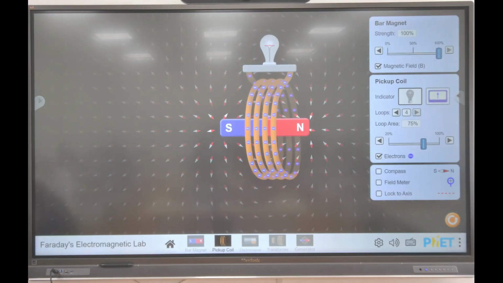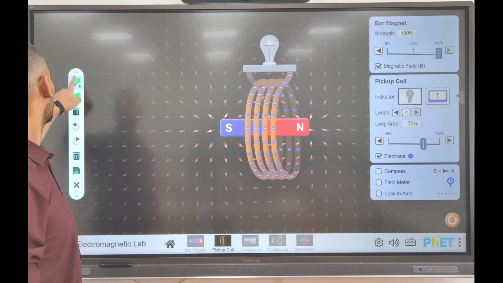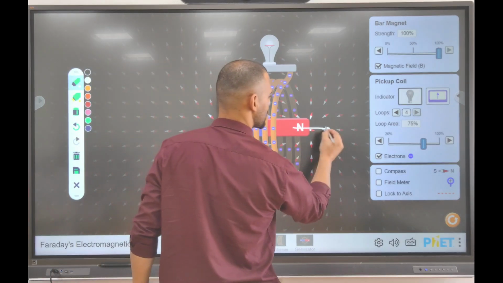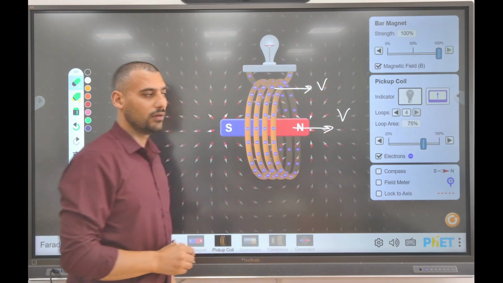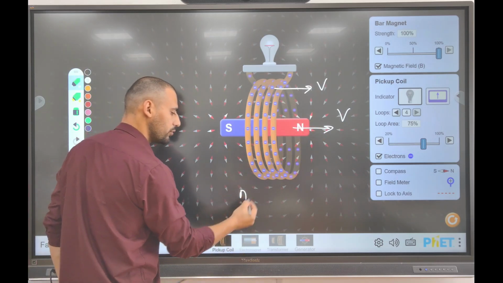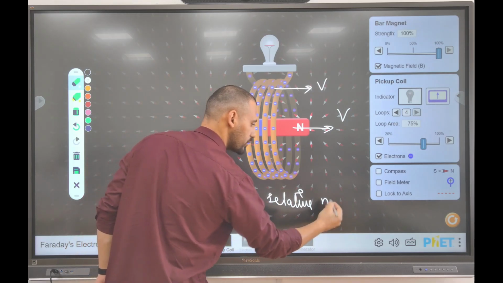So what will happen is, see, if both the magnet and the coil are moving with some velocity, say for example this is moving with velocity v and this is also moving with velocity v. When the velocity is the same, there will be no relative motion.